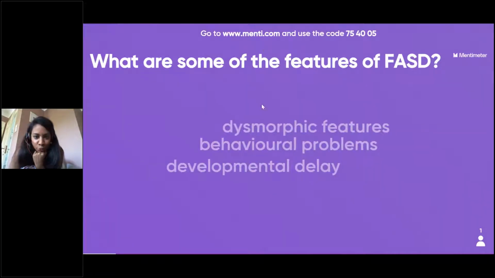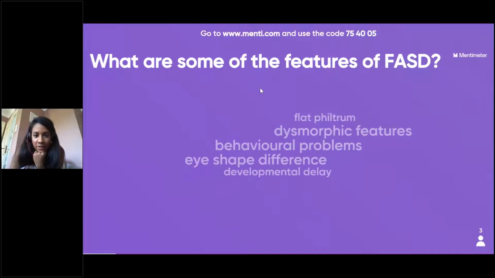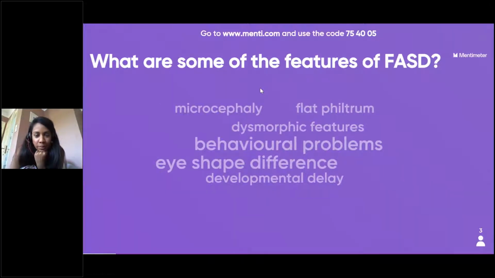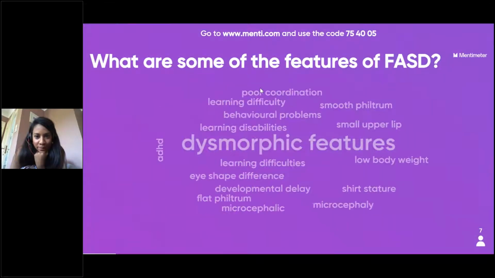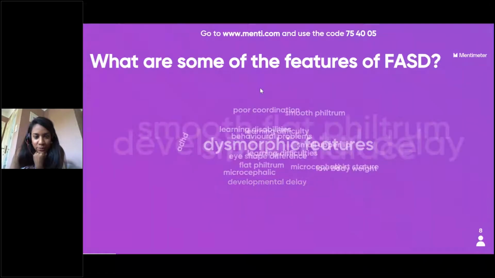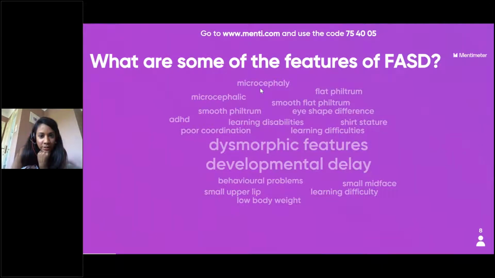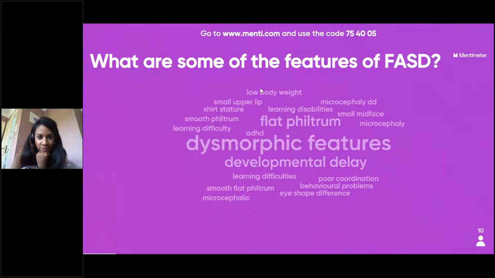Brilliant. So dysmorphic features, great. Behavioral problems, that's great. Developmental delay, brilliant. Microcephaly, flat philtrum, brilliant. Keep going. Smooth philtrum, yep. Learning difficulties, low body weight, ADHD, wonderful.